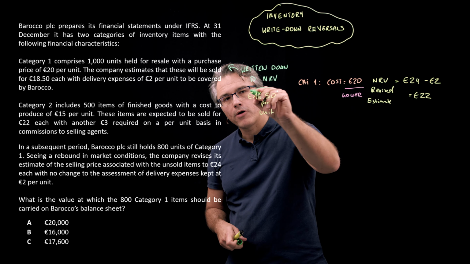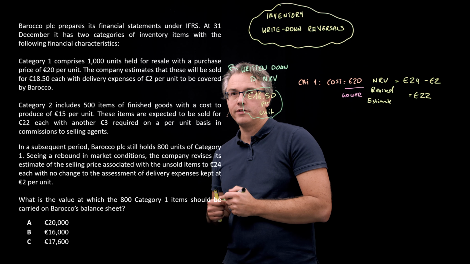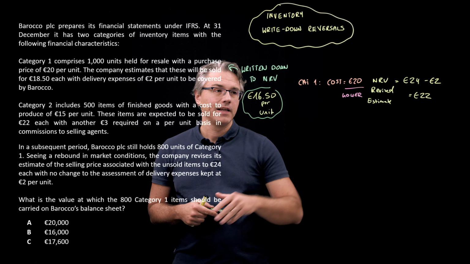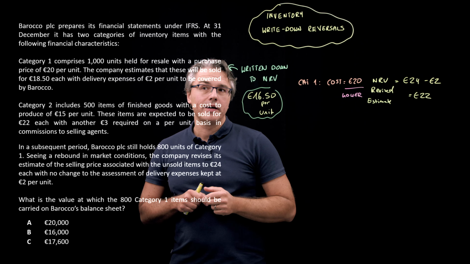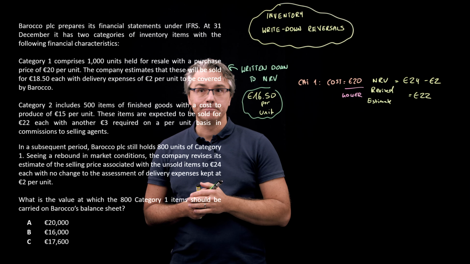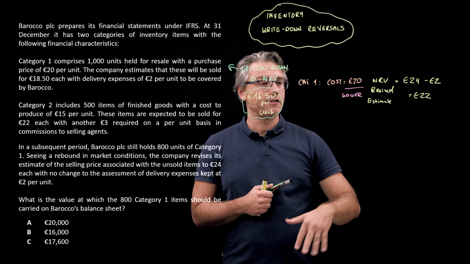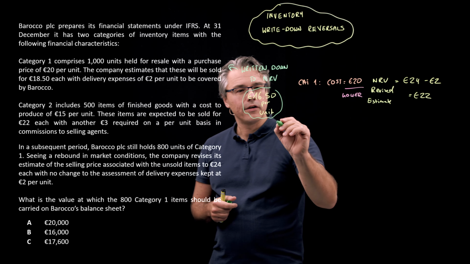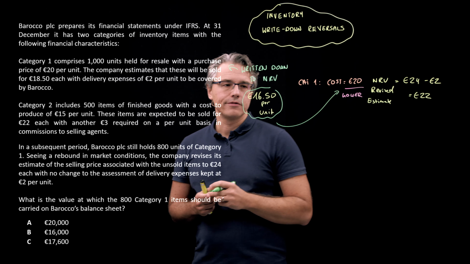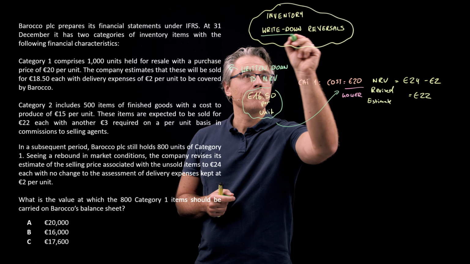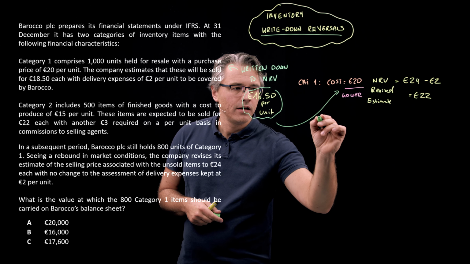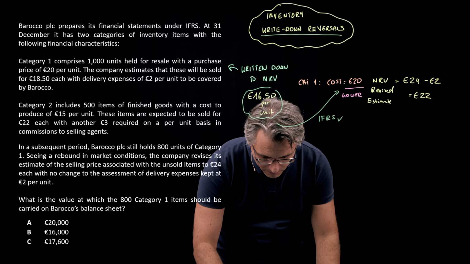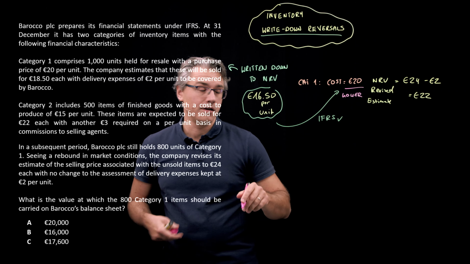So if you previously wrote down your items of inventory to NRV, but you subsequently find that there is a new base to which you can go up, because right now the comparison of cost and NRV reveals that the lower of the two is 20, it's absolutely okay to do a write-down reversal. So what we have in the title here, this is fine under IFRS, it's allowed. However, the big point to remember here is that it's not okay under US GAAP.